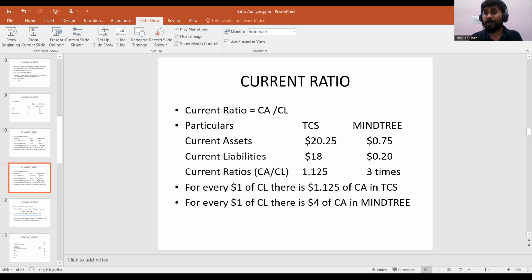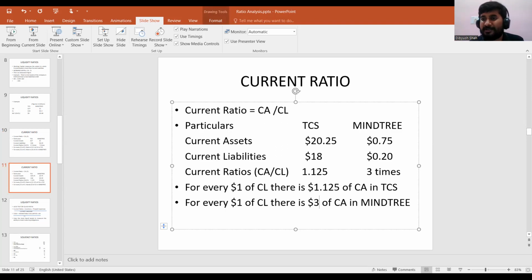That means now, when there was a sudden shock, for every $1 of current liability, TCS had only $1.125 left of current assets. Whereas Mindtree still has $3 for every $1 of current liability. Same shock given to both of them. COVID came, 25% of their debtors refused to pay up.